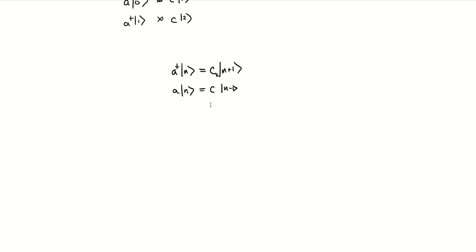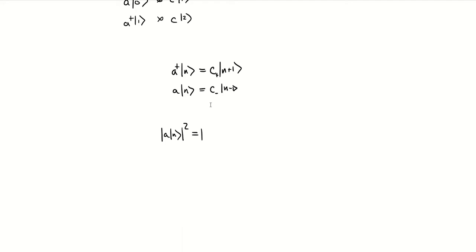We'll call these plus and minus. So let's determine one of these constants. Normalization means that the magnitude squared of that state has to be equal to 1.